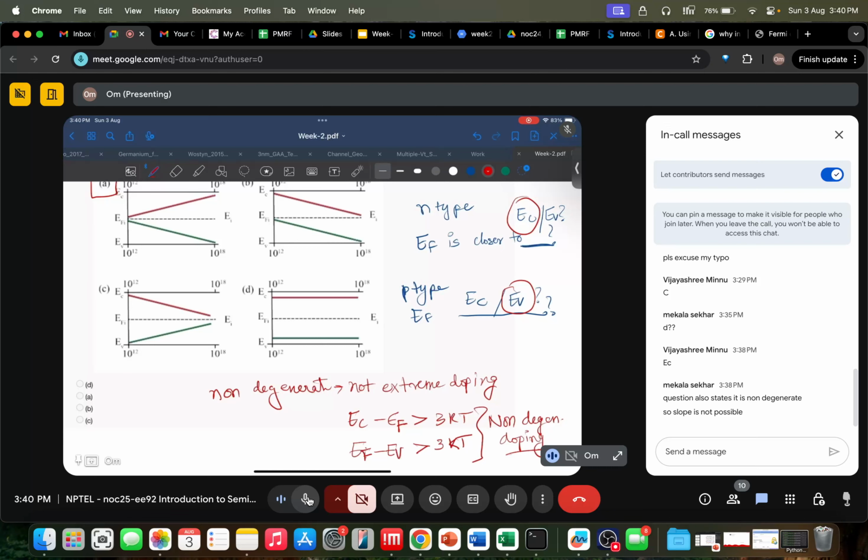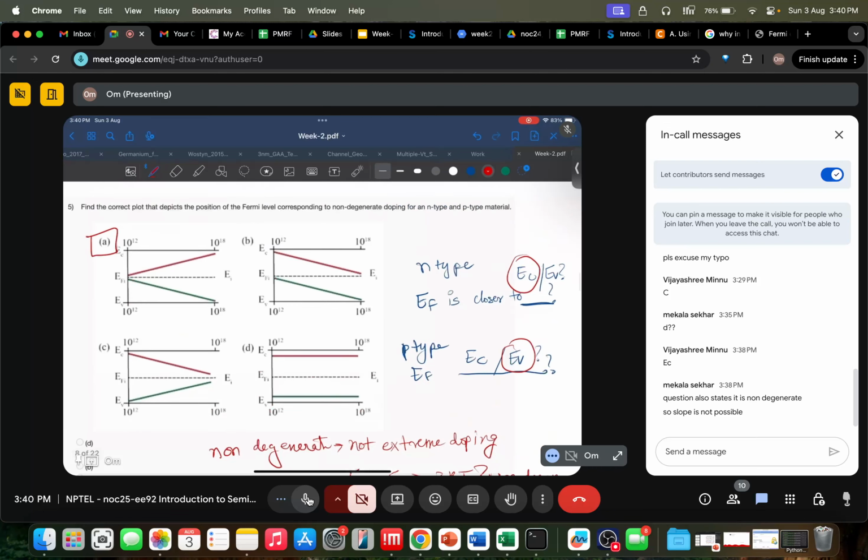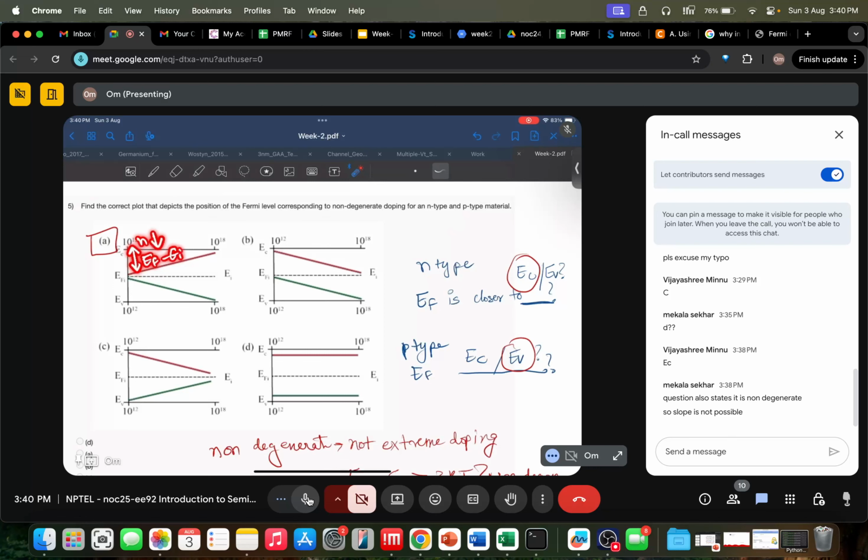It has nothing to do with slope. So when you are increasing the doping concentration, definitely there will be a shift, right? Where there is low n doping, this EF minus EI will be higher. And here doping is high, so EC minus EF is lower.